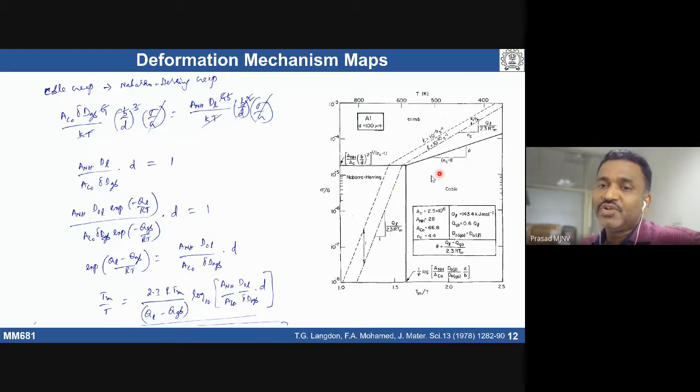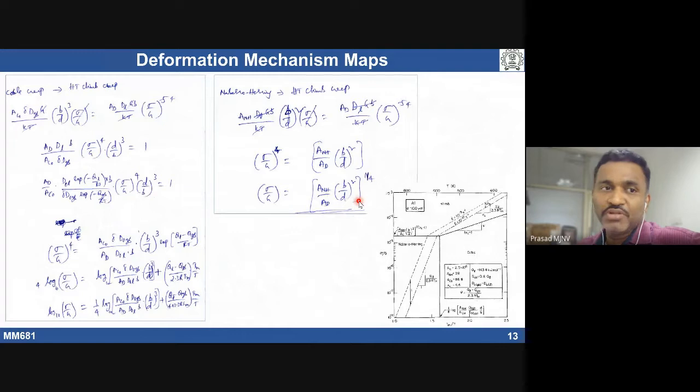So like that, if you want to know the boundary between these two, you have to take these equations and establish the relationship. Similarly, between Coble creep and high temperature climb, you take the respective equations here. Stress is still there because we are talking about high temperature.